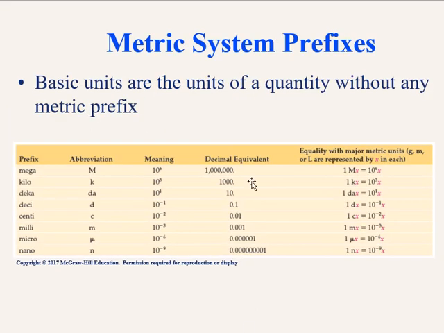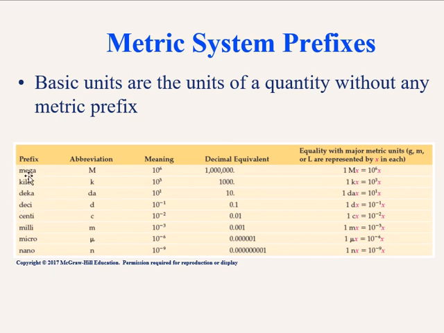Now, as I was saying earlier, all the metric units are related by the power of 10. And so if we want to express very large amounts of a particular measurement, whether it be distance or mass or time or volume, we can use a prefix from here where I am hovering the mouse.